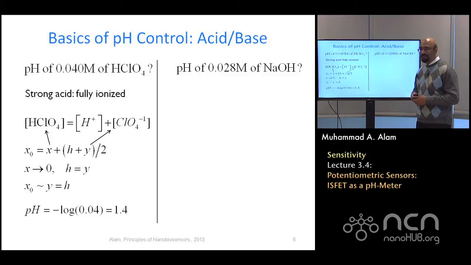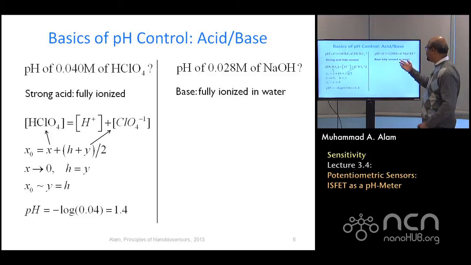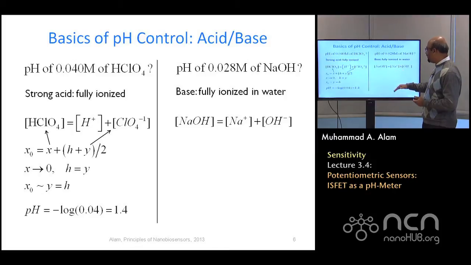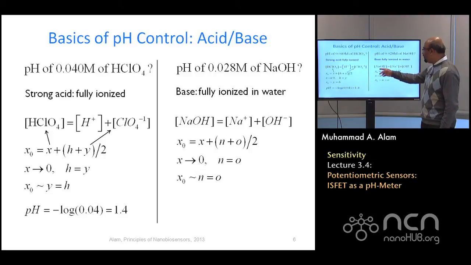And you can do the same thing for a base, like NaOH, let's say 0.028 molar. Go through the same calculation, it gets ionized. Remember, because it's a strong base, most of it will be ionized, so there will not be any left in the solution after dynamic equilibrium has been reached.